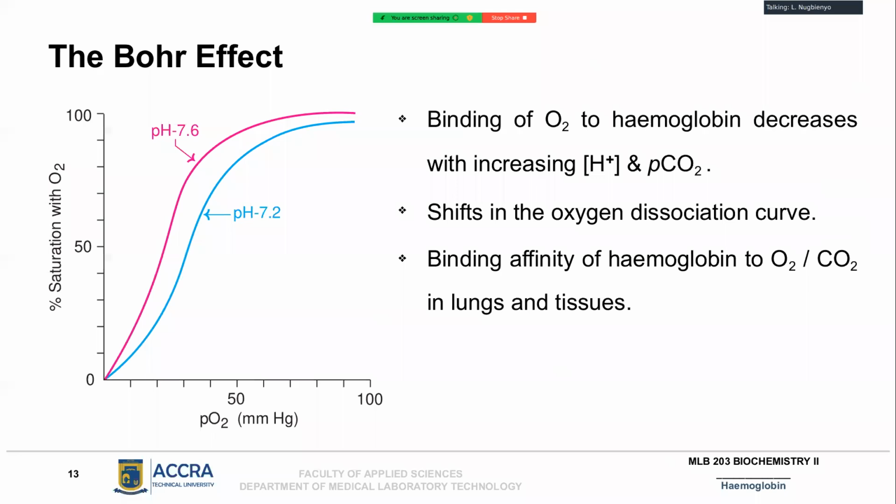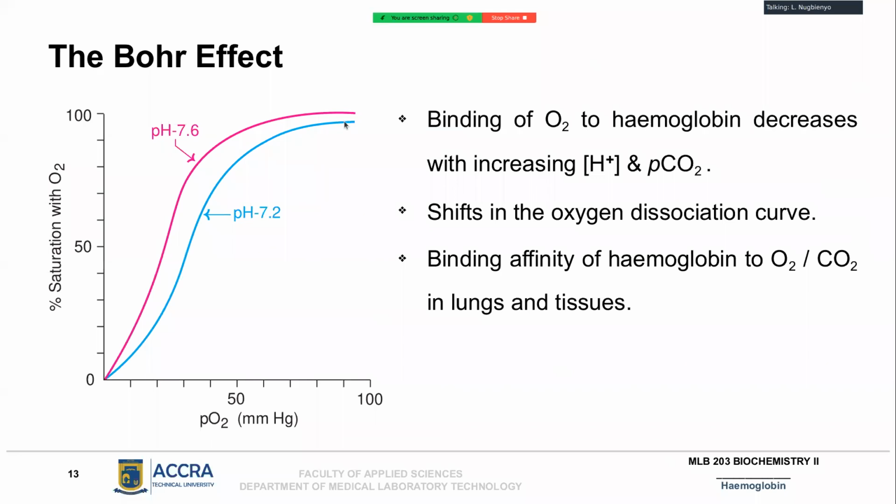The Bohr effect simply is that when the pH is reduced to the acidic form, like in the tissues, where you have a high concentration of hydrogen ions, that will mean the environment is more acidic, which is represented by the blue curve. So the blue curve means this is more acidic, and that is occurring in the tissues.